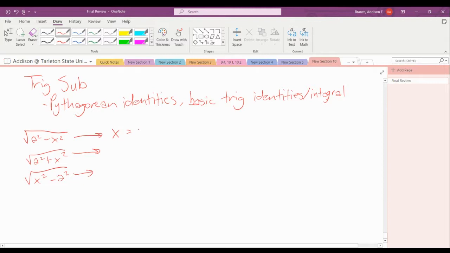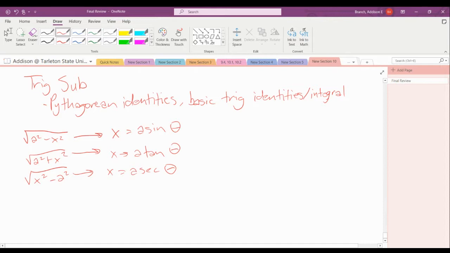So for those, x is a sine of theta, x is a tangent of theta, and x is a secant of theta. And these are once again just a modified u sub. Essentially the review section for chapter 7 pretty much said all of your integrals are usually going to come down to integration by parts or u sub. So that's just a thing to keep in mind.